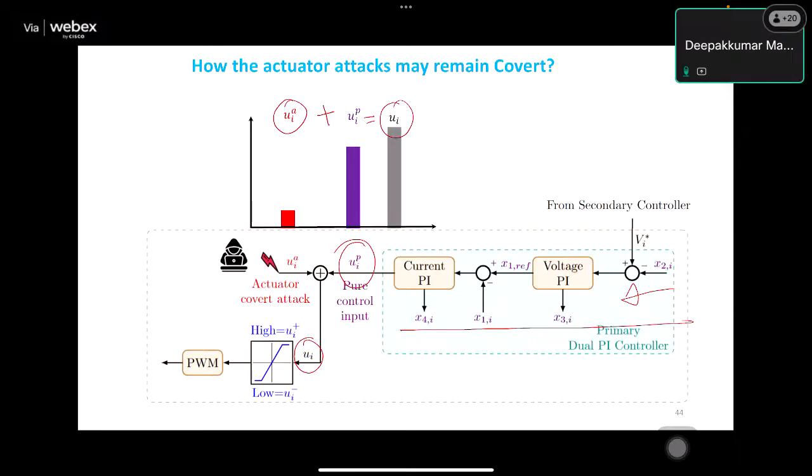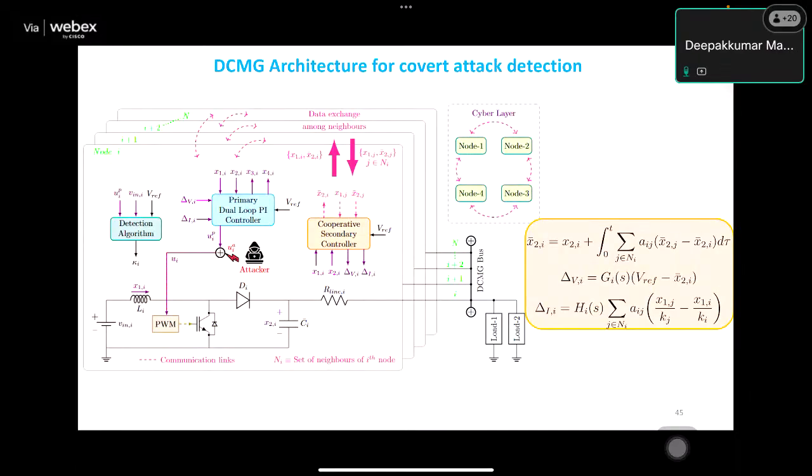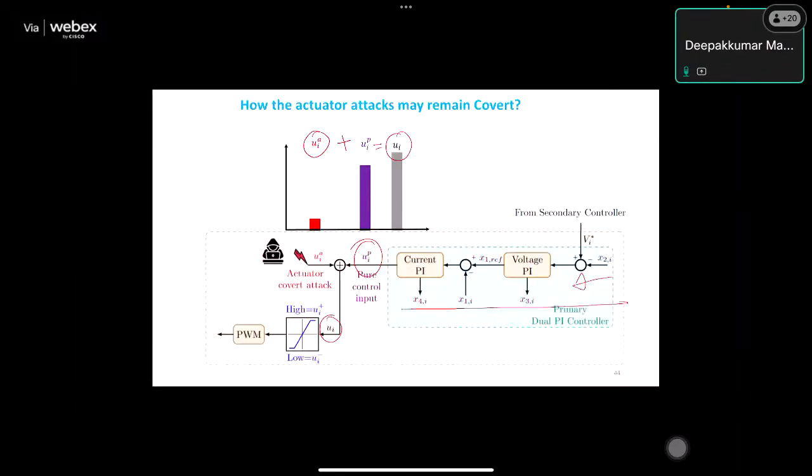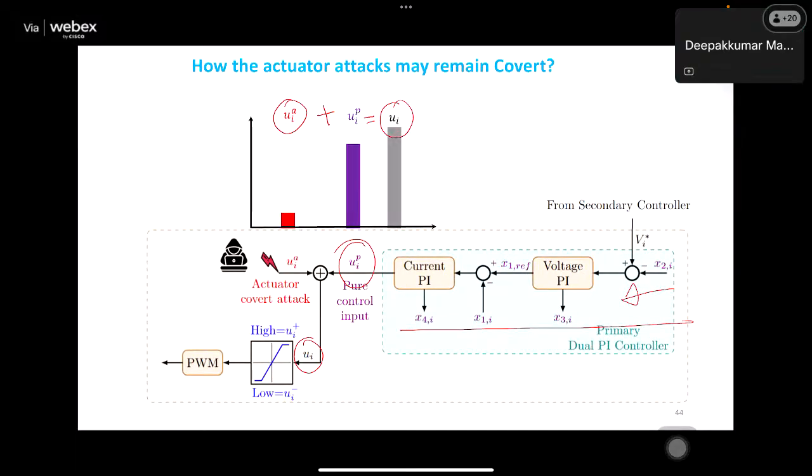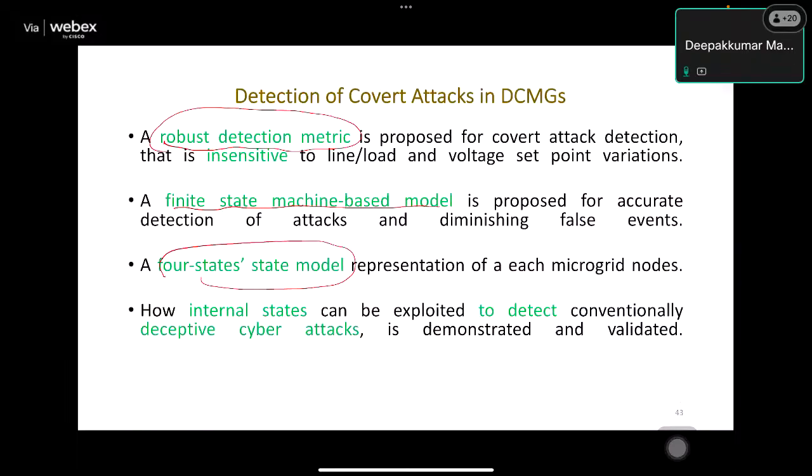Hope I am connected. Hello. Yes, sir, you are connected, but no animation can be seen. Okay, you can't see the animation, but can you see the graph here? Yes, the slide has been changed. So what is the title of this slide? Can you read it? DC architecture for covert attack detection.